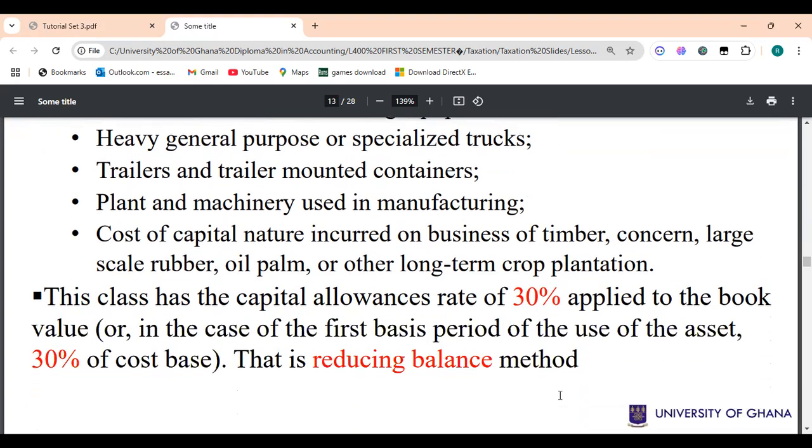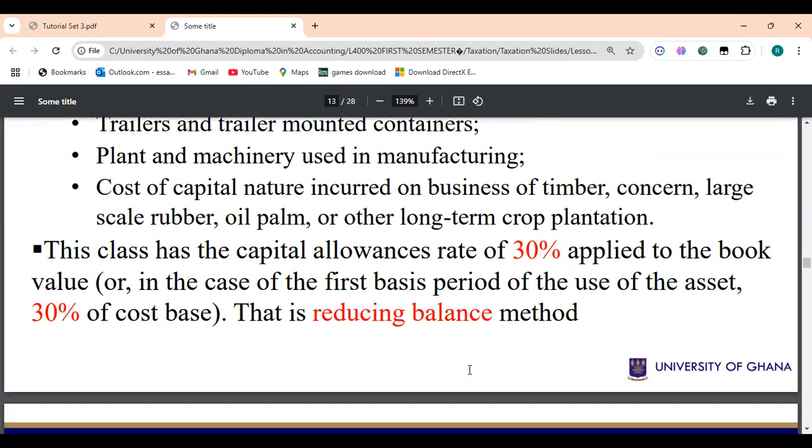The applicable rate here is 30% on the net book value, and it is also on the reducing balance method, right? All right.